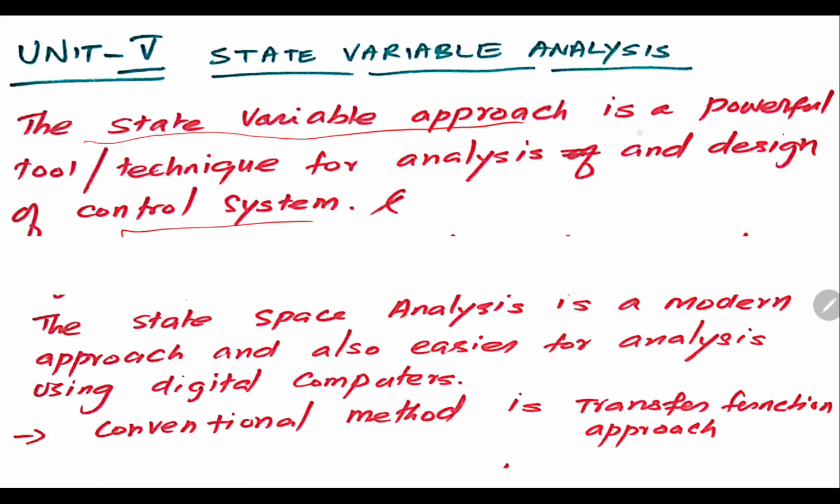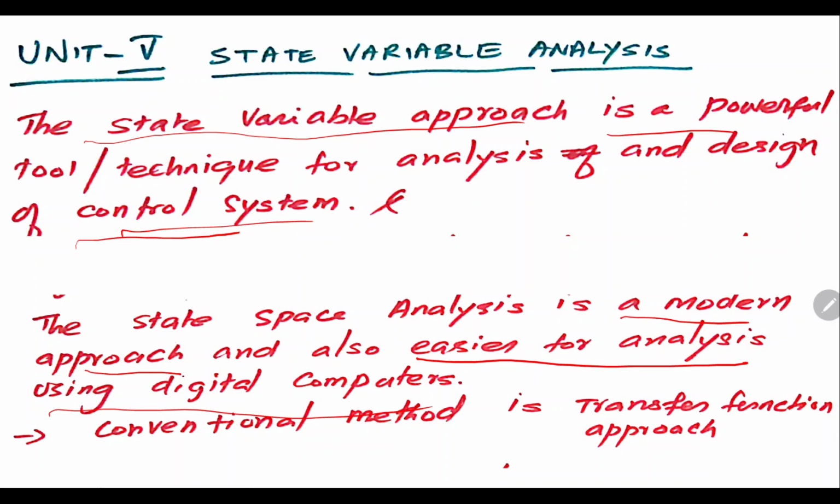The state variable approach is a powerful tool or technique for the analysis and design of control systems. It's actually a modern approach and also easier for analysis using digital computers. Generally, we use the transfer function approach to solve control engineering problems, but it has some drawbacks.